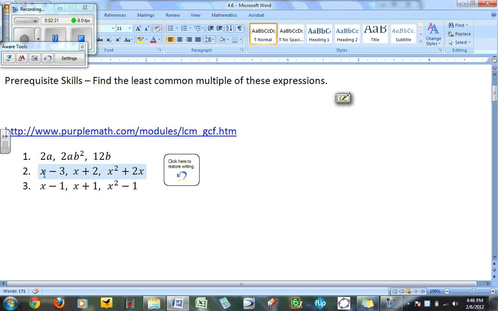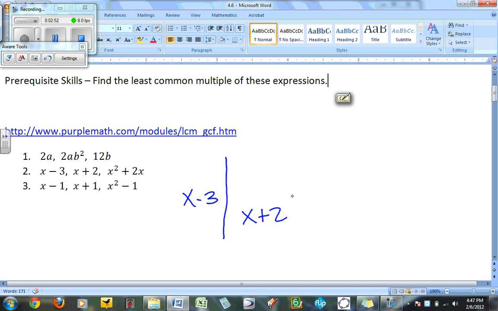In this case, this x minus 3 is already in factored form. It's in prime factorization. We can't reduce that any farther. Sorry, not a's, I was in the habit of writing a's earlier. We have an x minus 3 column. And then x plus 2 is also in factored form, so I'm going to have another column, x plus 2. So here are my columns so far.